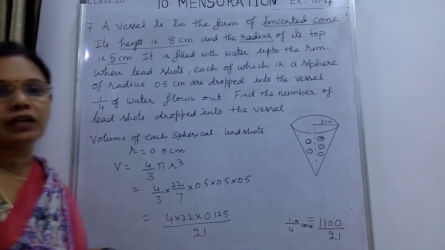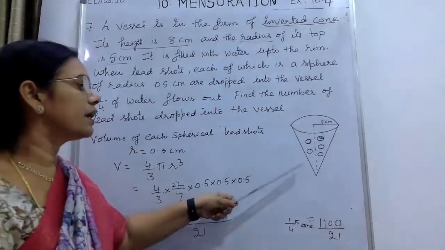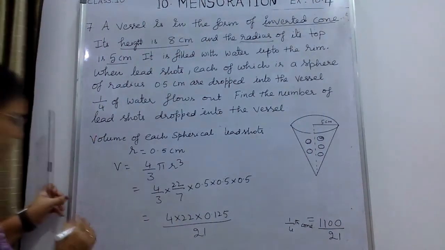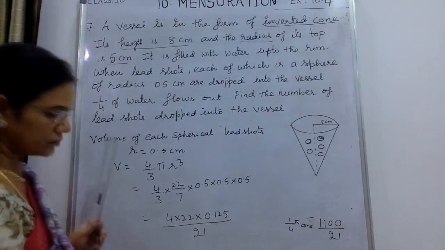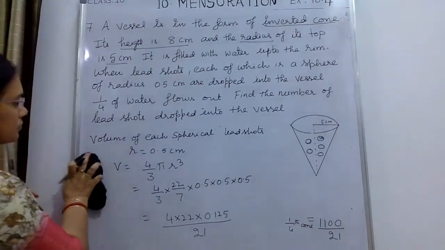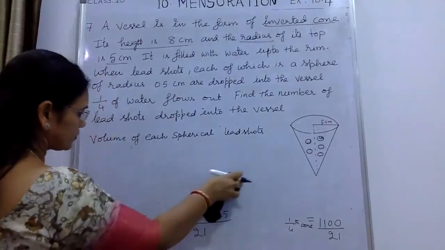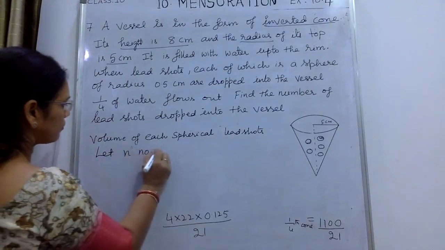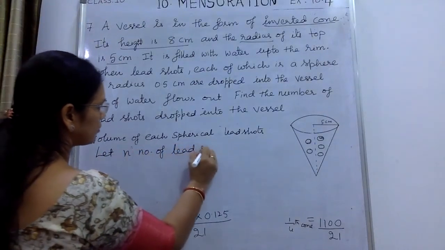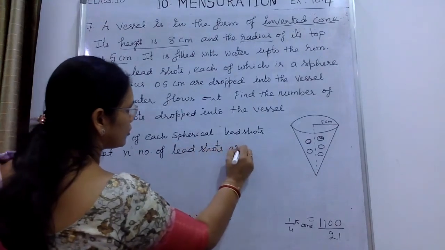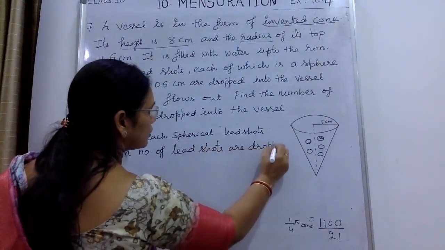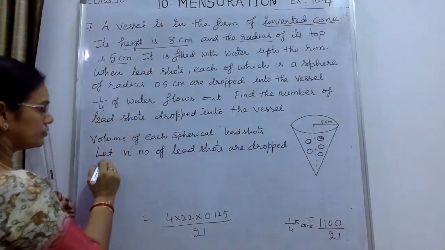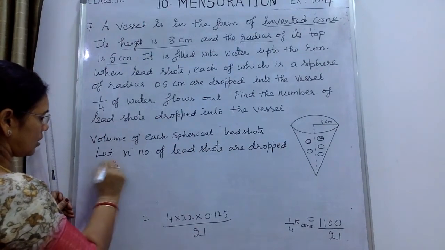But we don't know how many lead shards there are. Let us suppose n number of lead shards are dropped into the vessel.